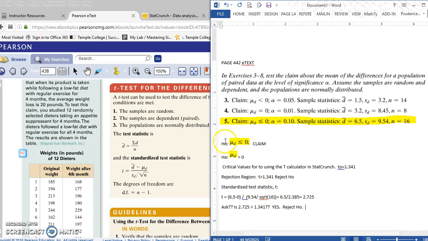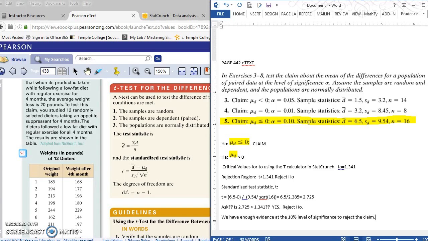Now, if we're going to reject H sub 0, and that's our claim, then what we have here is enough evidence at, if alpha is 0.10, that's the 10% level of significance, to reject the claim.